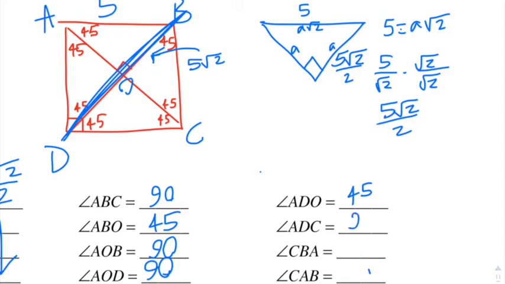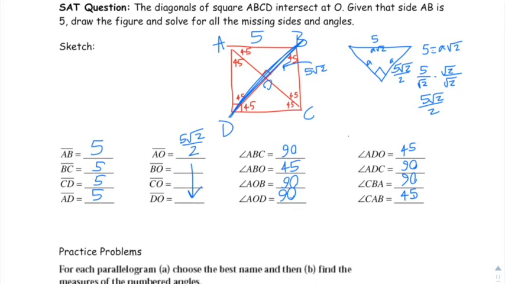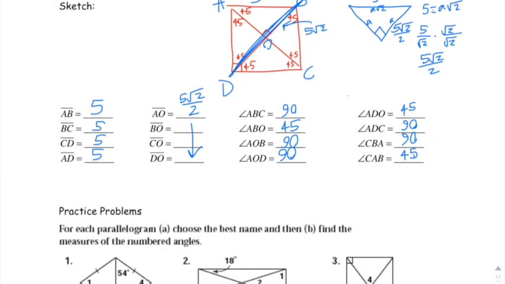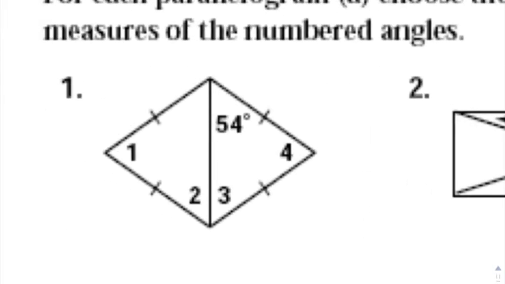ADC should be 90 degrees. CBA, 90 degrees. And CAB should be 45 degrees. All right, so that's it there on the square. So those would generally be pretty much the same. The only thing that can really change is the side length, but as far as the angles, those should all be pretty consistent.